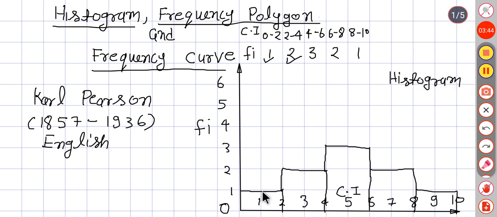And if you connect the middle points like this one to this one, this point to this one, this point to this one, from this point to this point, using straight lines, so that would be called frequency polygon.